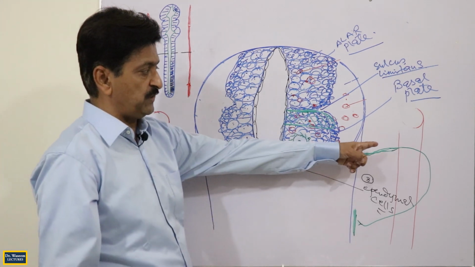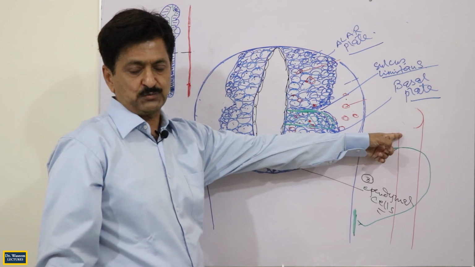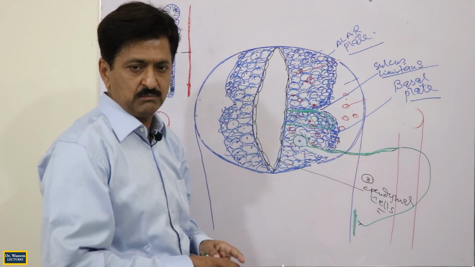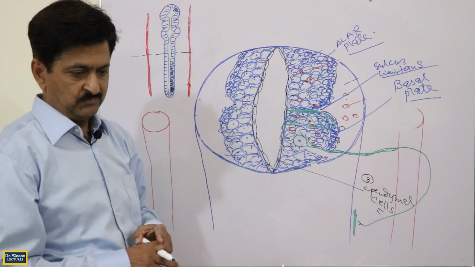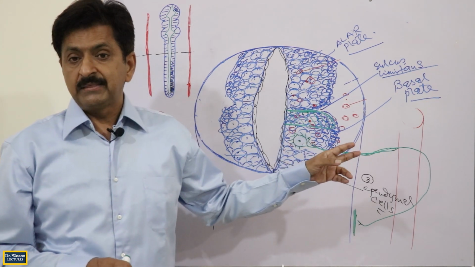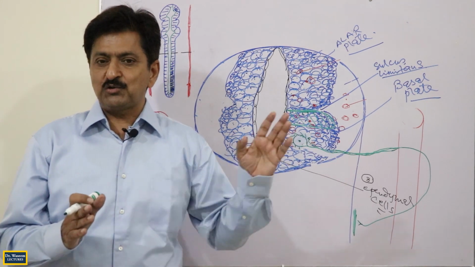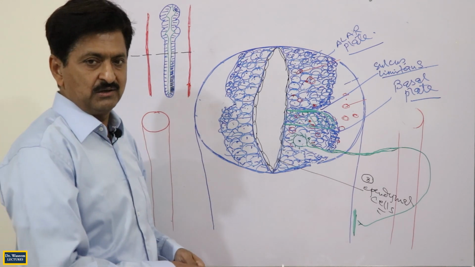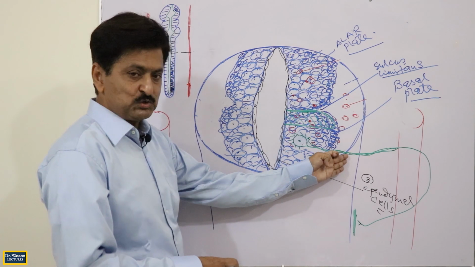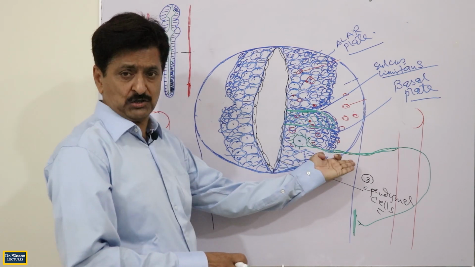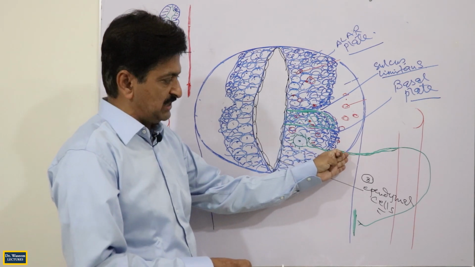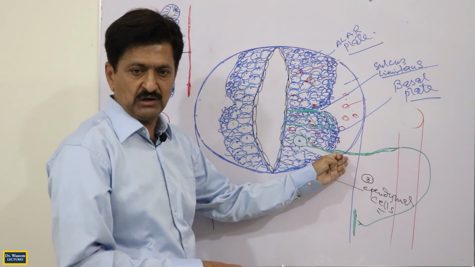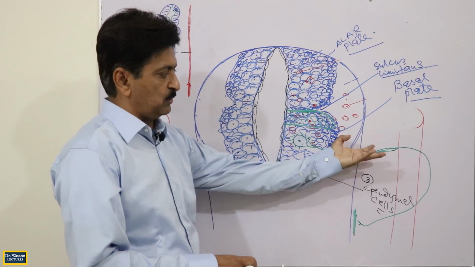And these Schwann cells will be derived from the neural crest cells, which are standing, you see, on either side of your neural tube. So one of the derivatives of your neural crest cells are the Schwann cells, which give myelination to the motor axons, obviously, which break through the marginal layer and come outside here.